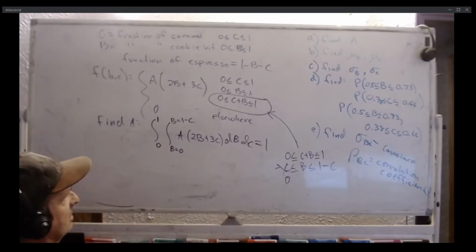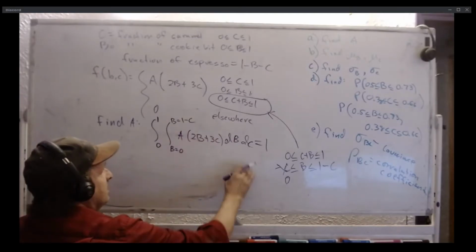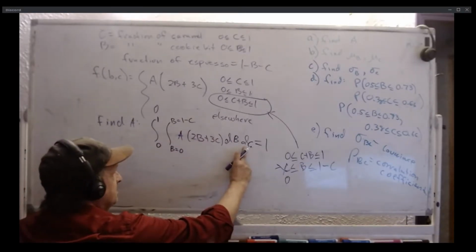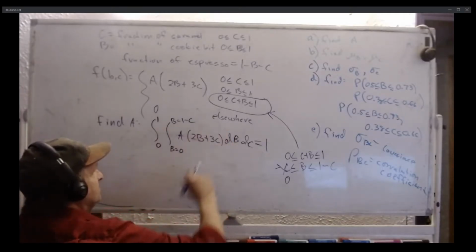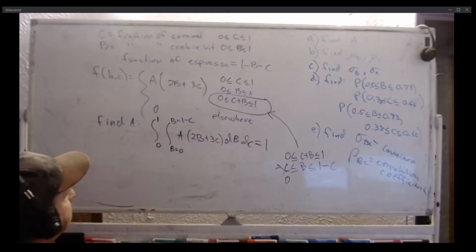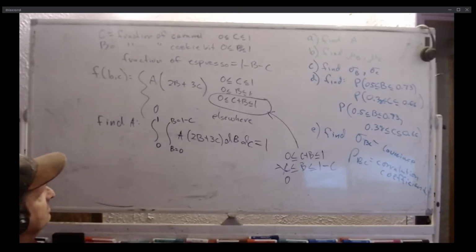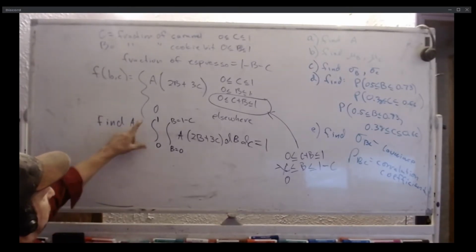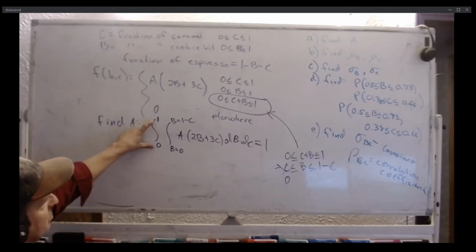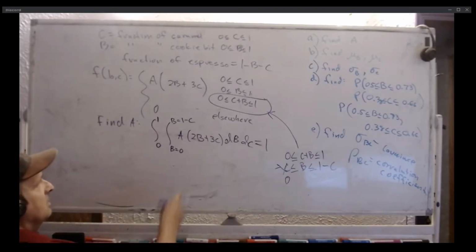B gets taken care of. This function that we're going to integrate with respect to C will only have constants in C involved, okay? Does everybody understand that? Yeah. And once we get there, we have to use 0 and 1 because, again, C is the only variable left. So, ready to roll this bad boy?